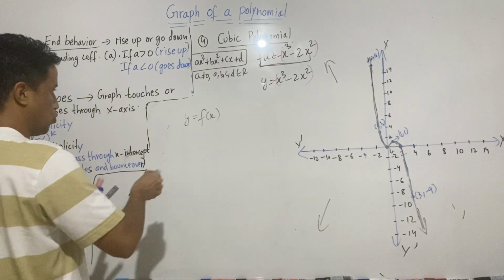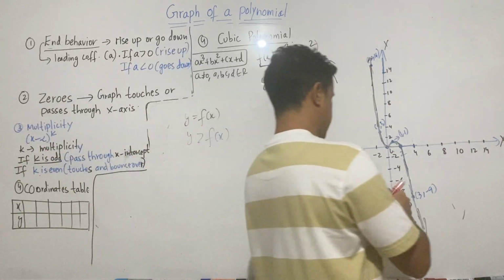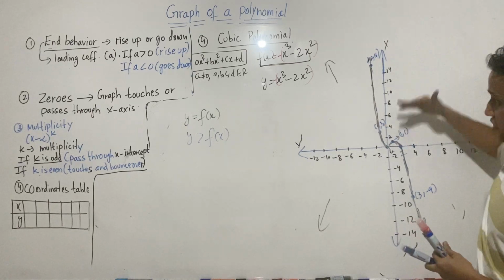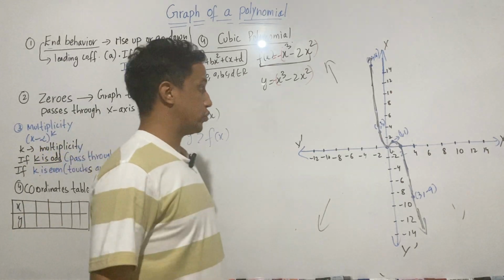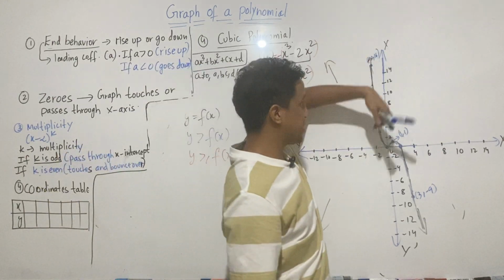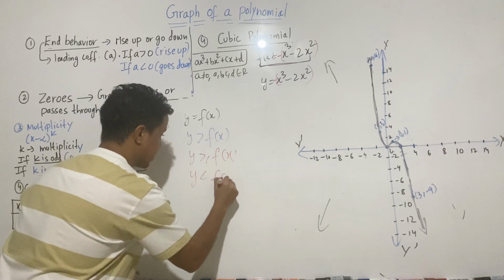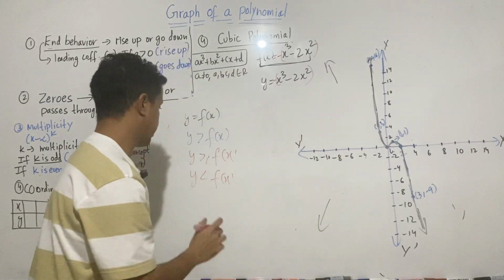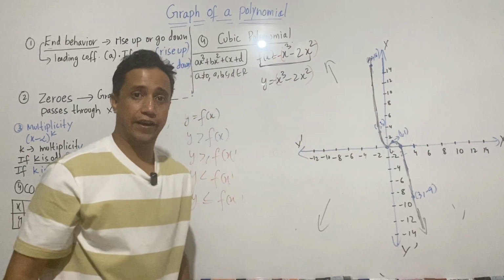If someone asks you y greater than f(x), they are talking about this region, and the curve not included. Then y greater than or equal to f(x), again the same region but the curve included. Y less than f(x), this region below the curve but curve not included. Y less than or equal to f(x), the same region but the curve is included.